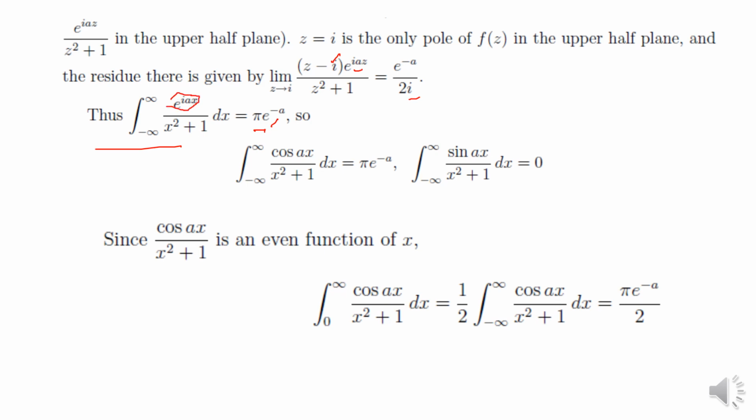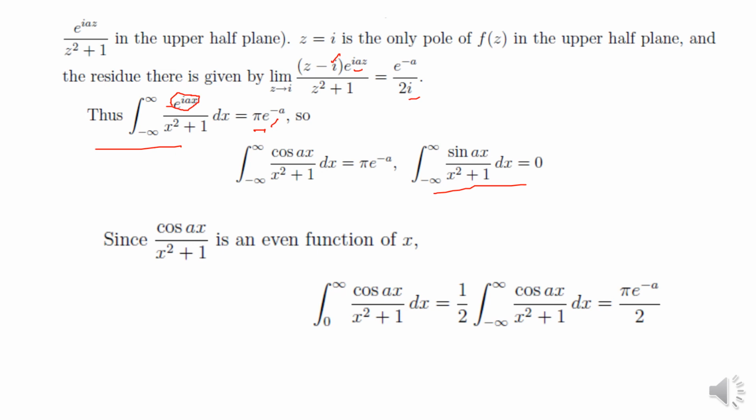Now if we write e to the power iax in cos ax plus i sin ax form, we can break this up: integral from minus infinity to infinity cos ax upon x square plus 1 dx plus i integral from minus infinity to infinity sin ax upon x square plus 1 dx is equal to pi e to the power minus a. And the second term is 0, because when I discussed the first case, that is the integral from minus infinity to infinity of f(x) dx, f(x) is a rational function, and when r tends to infinity, if f(x) is an even function, this can be used to evaluate 0 to infinity f(x) dx, but if it is odd then that is 0.